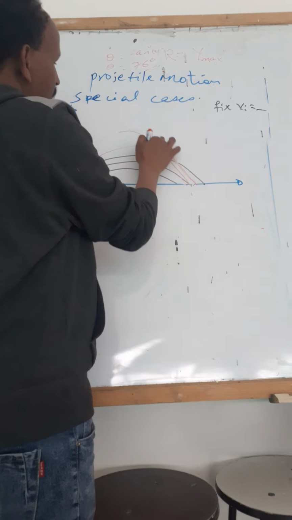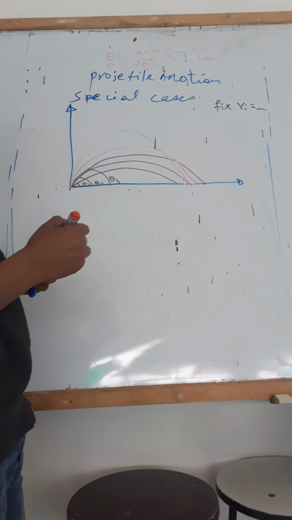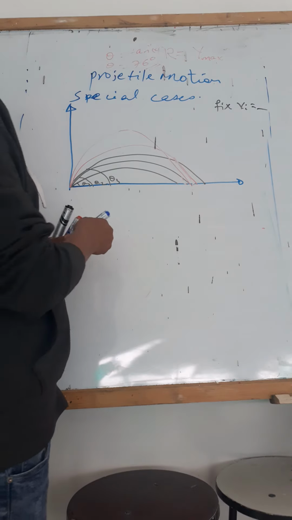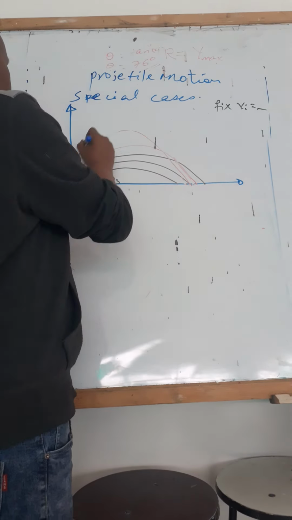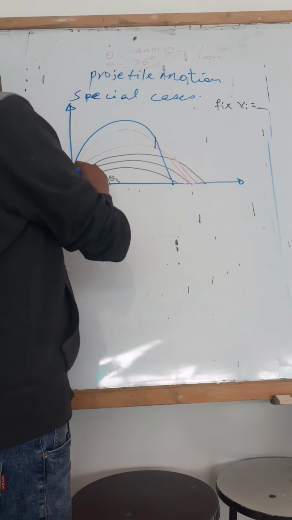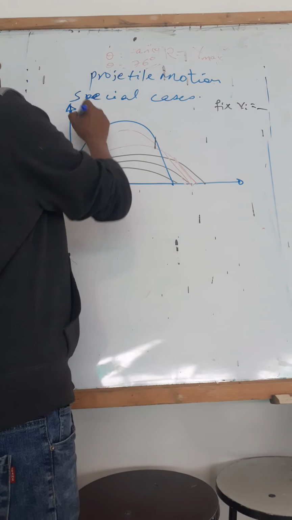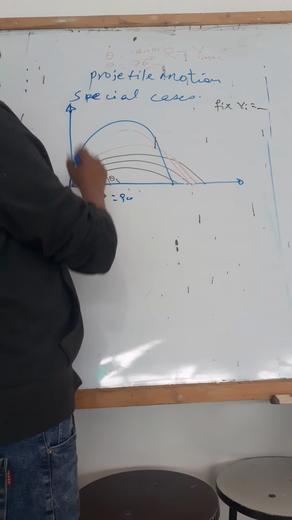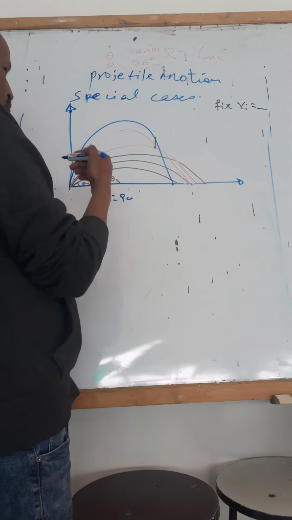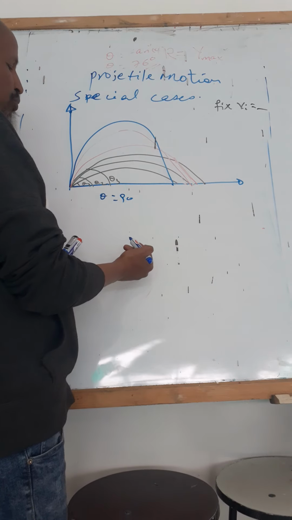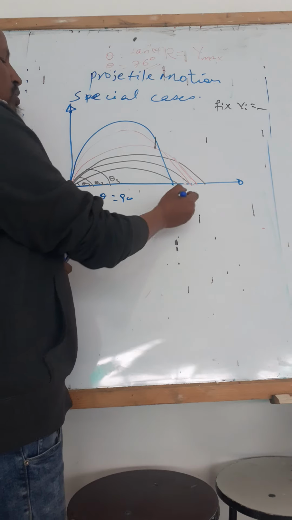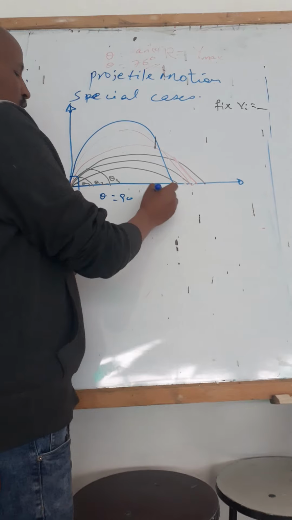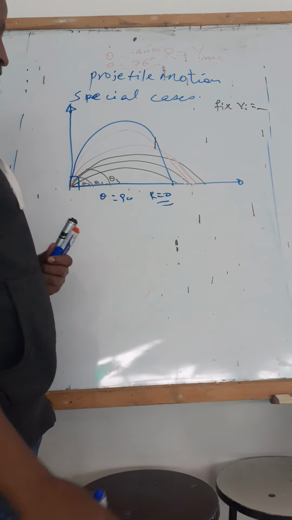And if you keep increasing the angle, finally you will have theta 90 degrees, which shows you project the object vertically up and it will fall back with a range 0.